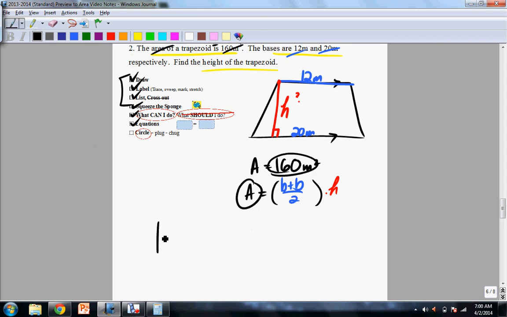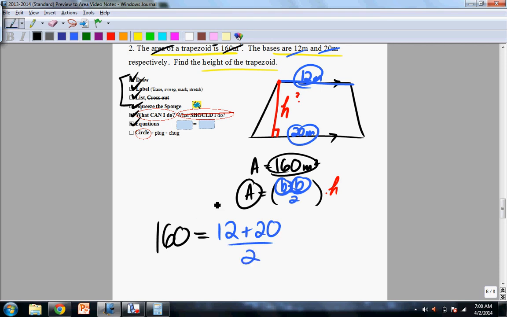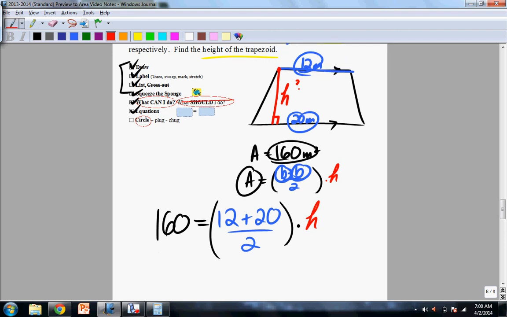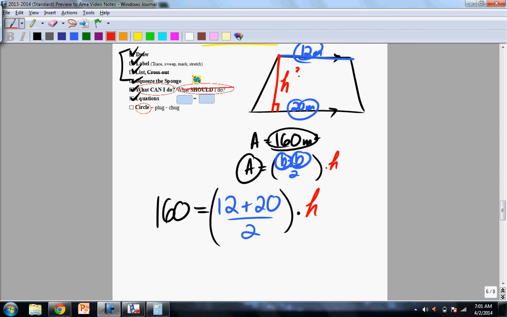We have our area, it's 160. We have both our bases, 12 plus 20 over 2, times, the only thing we don't have is our height here. So just wrap up the math. This is 160.